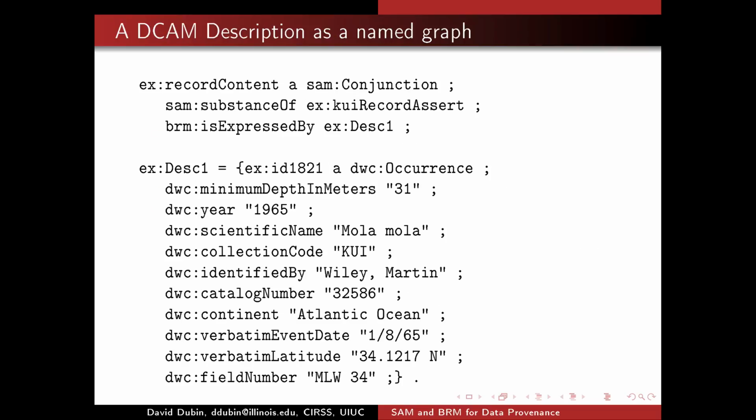So here's an example using a Dublin Core abstract model description, serialized here in TriG format as a named graph, description 1, as the expression of a conjunctive proposition, which is to say the content of each of these statements concerning a Darwin Core occurrence, the classification of a specimen according to a species.